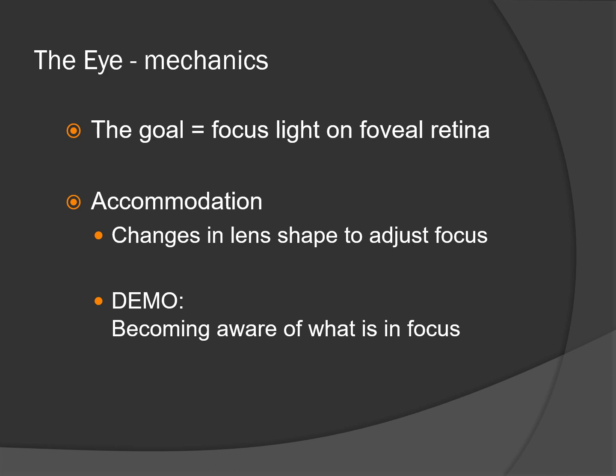What you're focusing on is your finger, and as you do, your lens is getting fatter and fatter. If you think of how camera lenses work, it gets fatter in order to bend that light more. That light is coming in at an obtuse angle, and you need to bend it more to get it focused on the foveal retina.